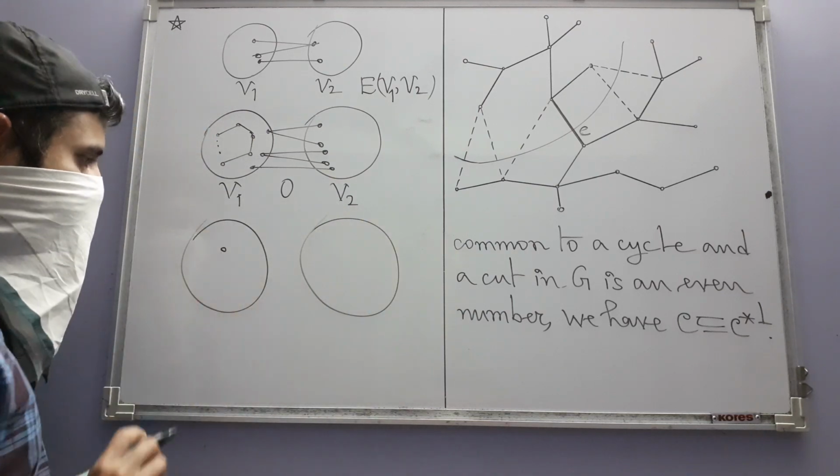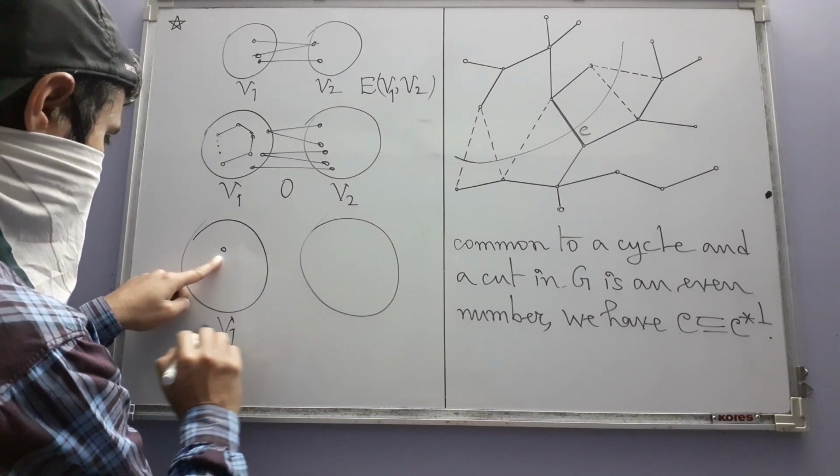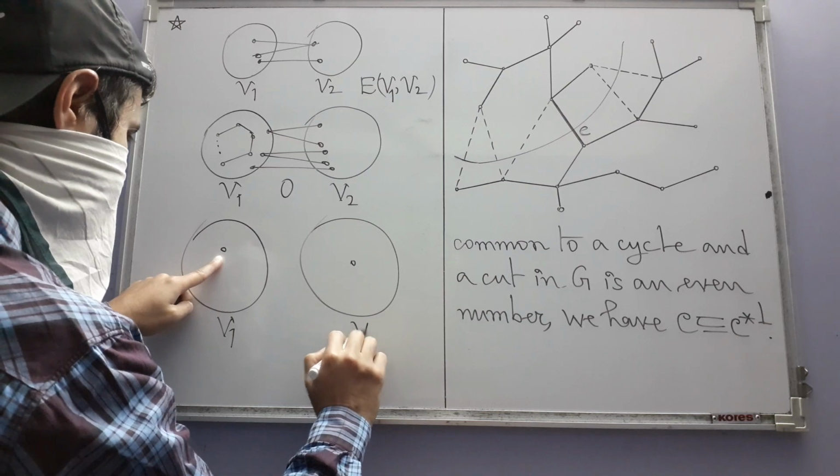So the cycle has at least one vertex in V1 and also at least one vertex in V2.